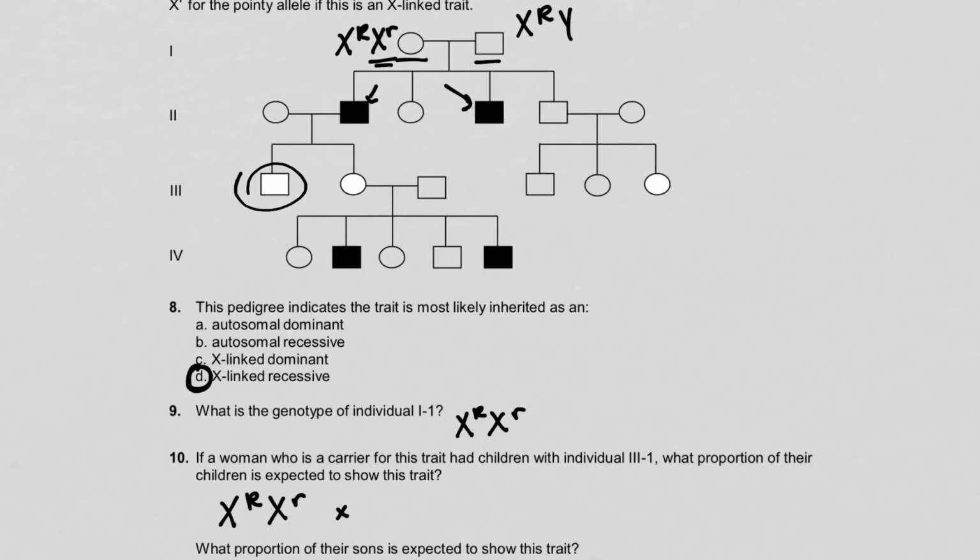Well, here's dad in this cross. And mom could really be either one of these. But for this guy to not be showing the trait, he has to have a normal X.